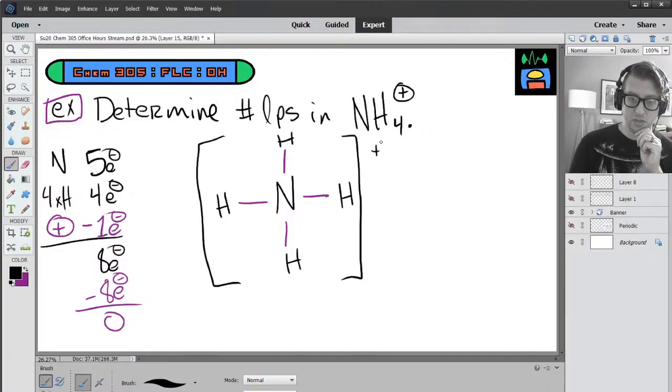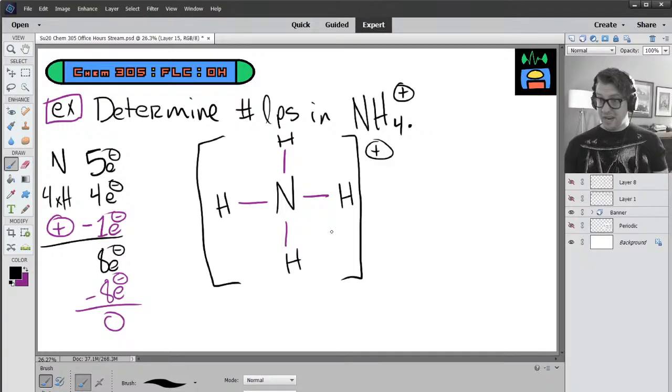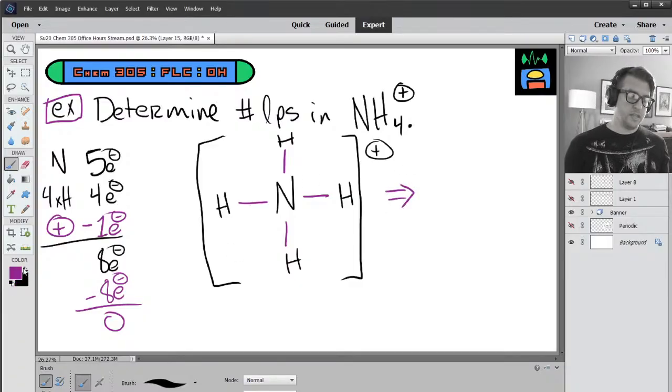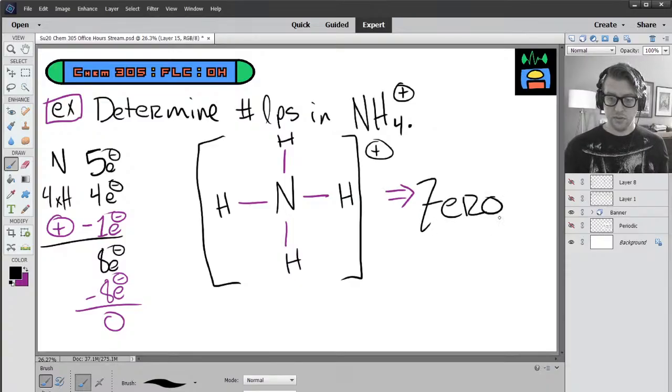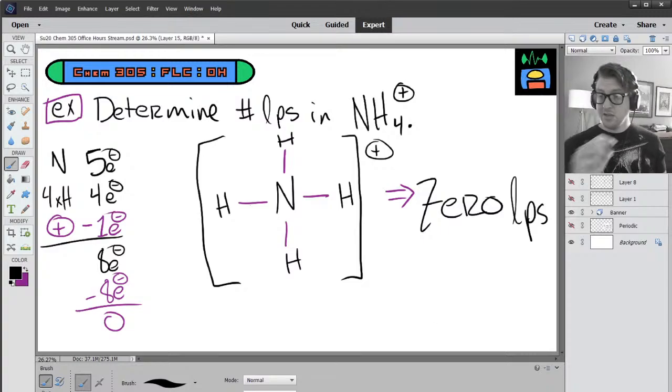Adding my positive charge to the outside. The octet rule is satisfied, so there's no further work, and you'll notice this structure has 0 lone pairs. So that's that.